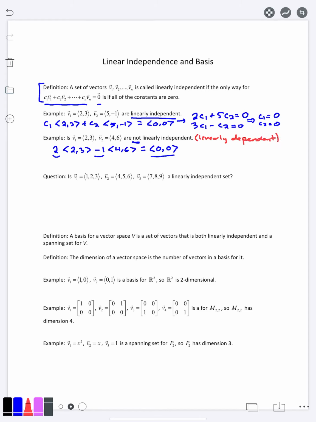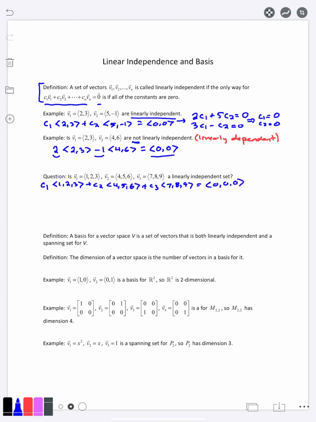Now we can do the same thing with three-dimensional vectors here. I gave you the vectors 1, 2, 3, 4, 5, 6, 7, 8, 9, and I want to see whether they're going to be linearly independent or not. So again, we could do C1 times the first vector plus C2 times the second vector plus C3 times the third vector, and set that equal to 0, 0, 0.